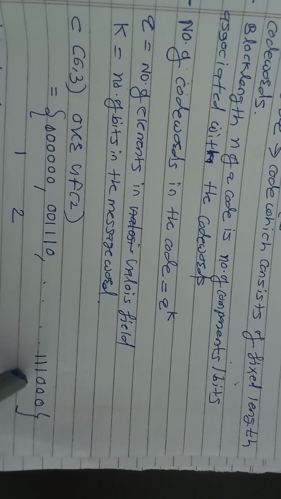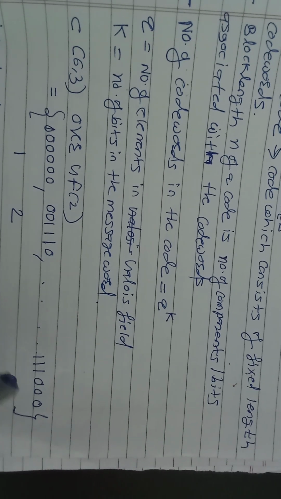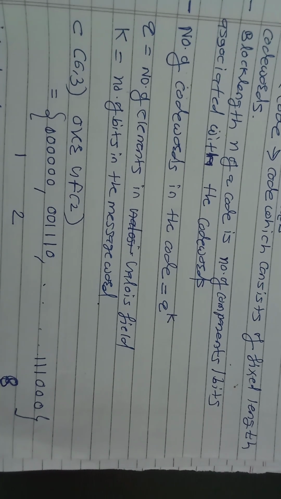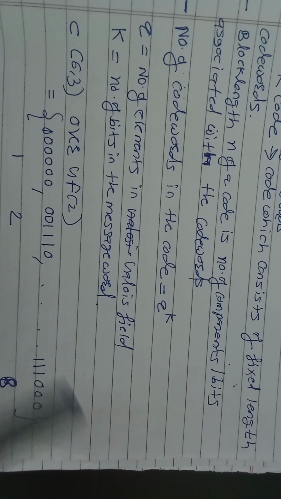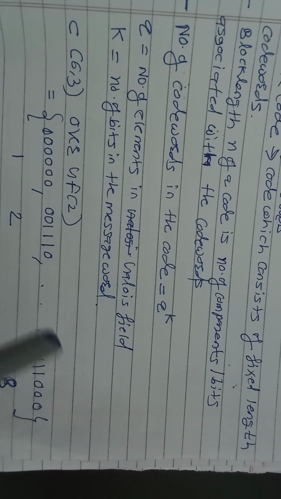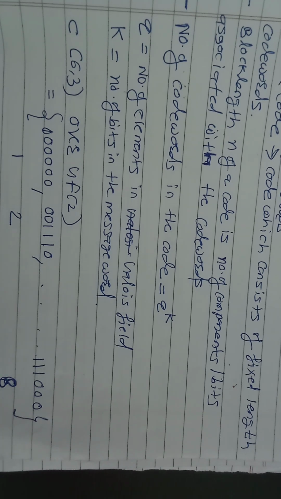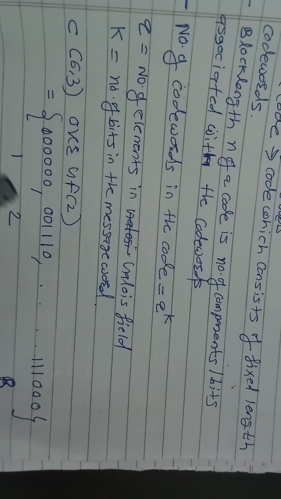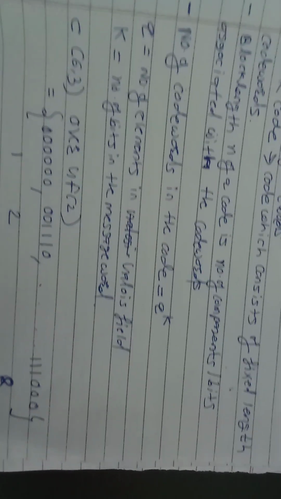But finding minimum Hamming weight is not time consuming. So that is the advantage: in linear block code, if you find the minimum Hamming weight, you can take it as the minimum Hamming distance. Once again I am repeating, it is the minimum Hamming weight of a non-zero code word.